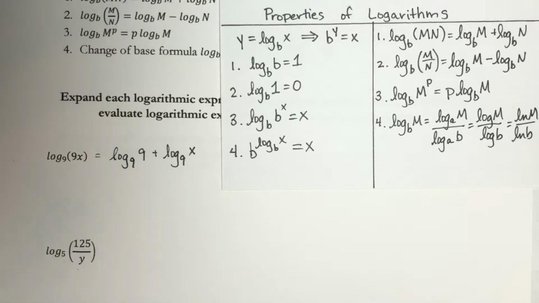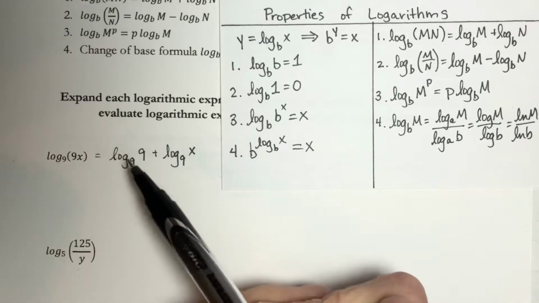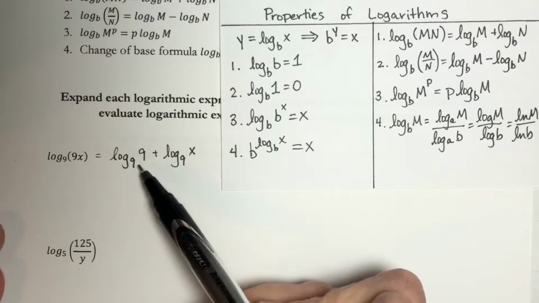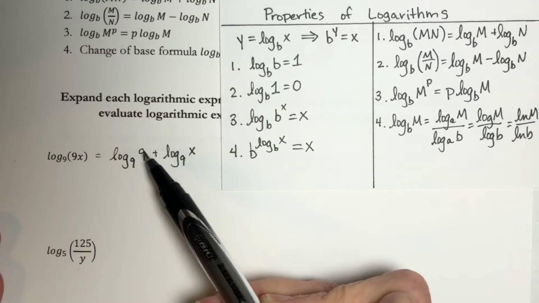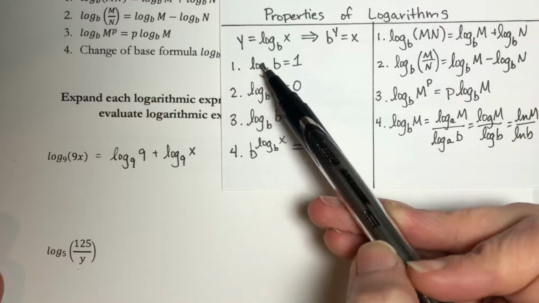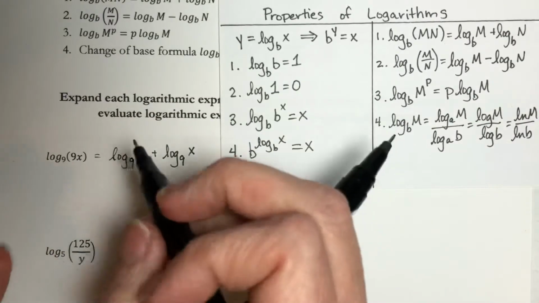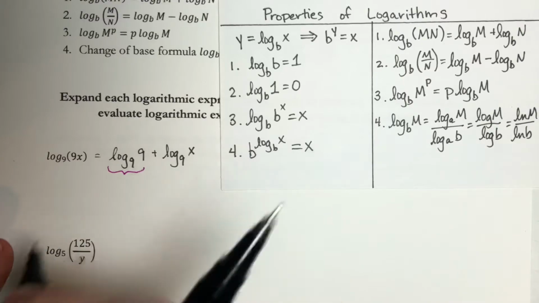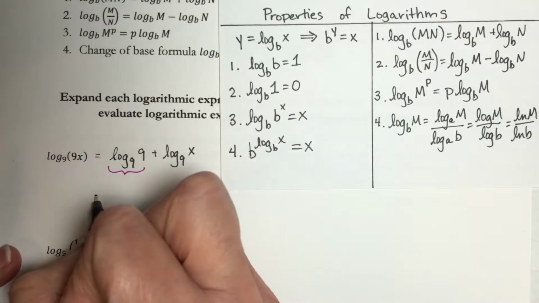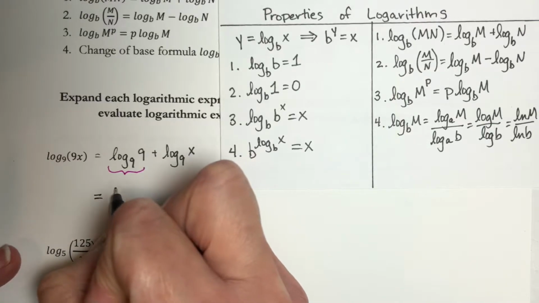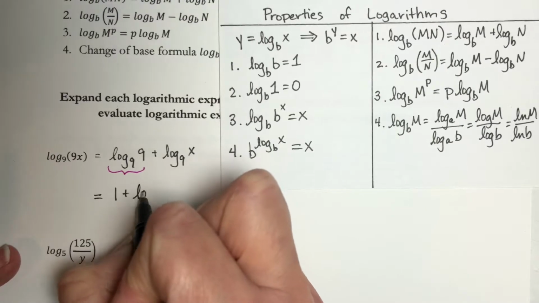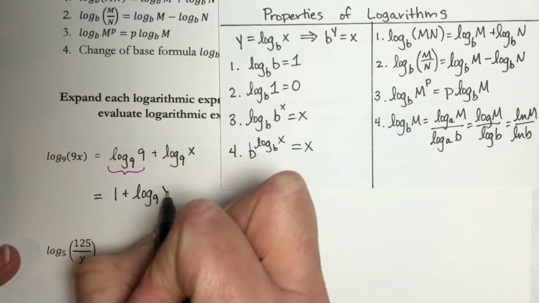Now let's see if we can simplify any further. You should recognize that we have the same base here and here. Log base 9 of 9, this is the same situation as right here, log base b of b. This first term here, that's 1. So this completely simplifies down to 1 plus log base 9 of x.